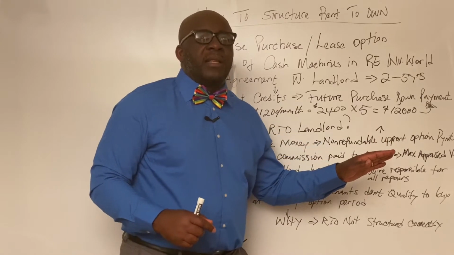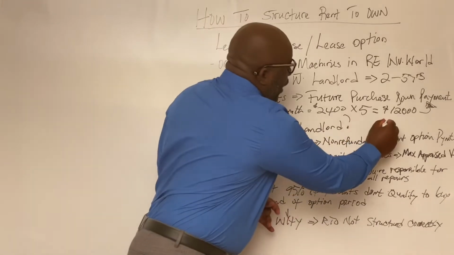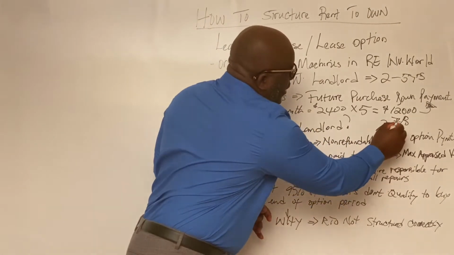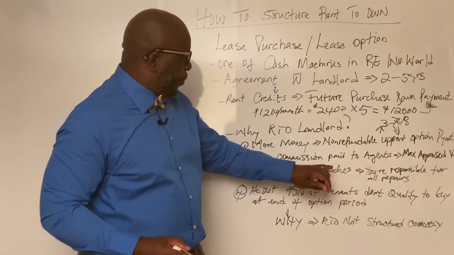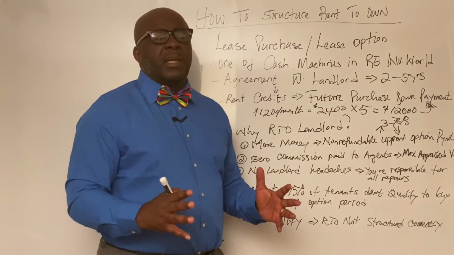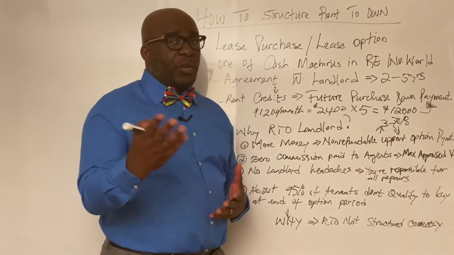That payment is usually from 3 to 7%, depending on the agreement with the landlord. This non-refundable option payment is for the landlord to put in their pocket. They're not going to give you back.